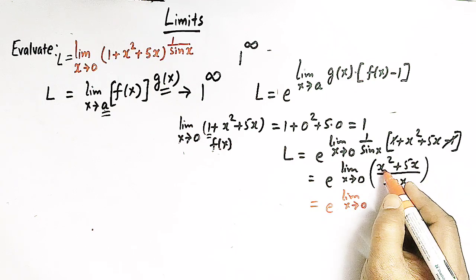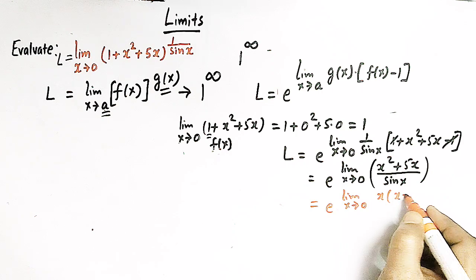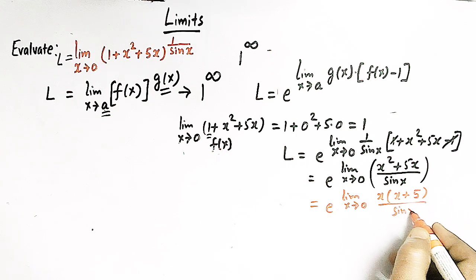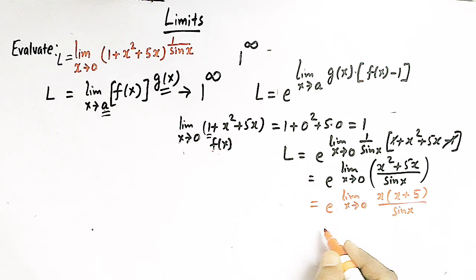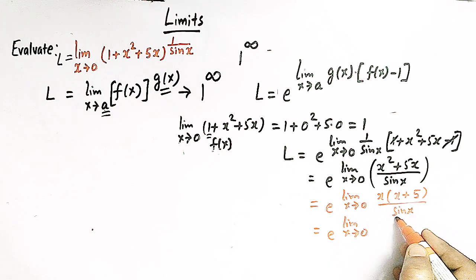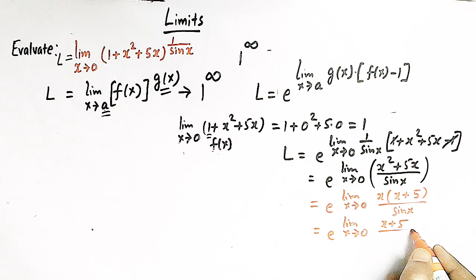We can take x common in the numerator. So we have here x times x plus 5 divided by sine x, right? And in the next step, we can take this x to the denominator of sine x. So we have simply x plus 5 divided by sine x divided by x, right?